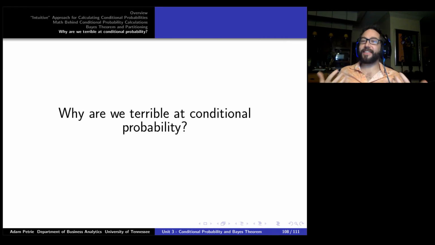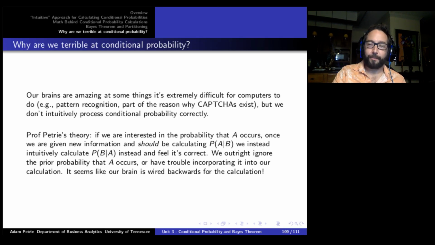And so I actually have a theory about why we're terrible at conditional probability. It's not really my own theory. I've read some stuff, and it kind of takes from what other people have said as well. But here's what I think fundamentally is going wrong in our brains and why we don't really get how to update from prior to posterior probabilities correctly.